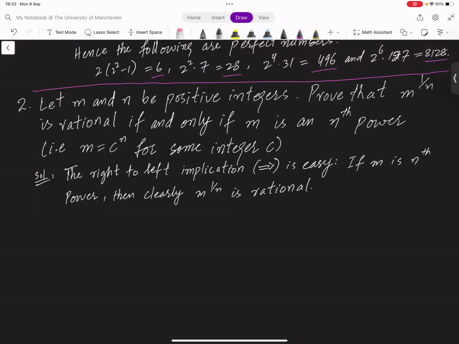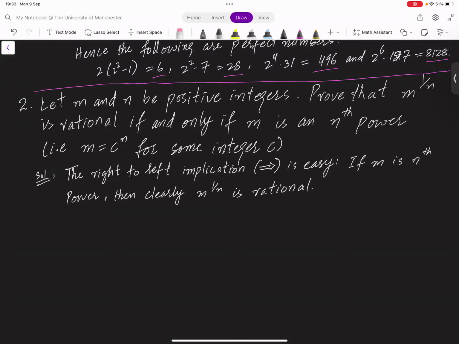Now for the left to right implication, we suppose m power 1 over n is rational.